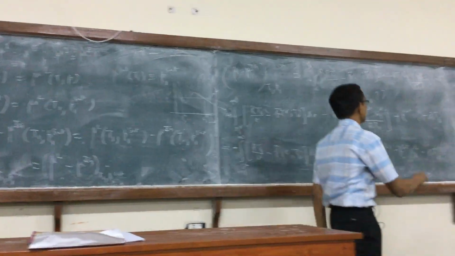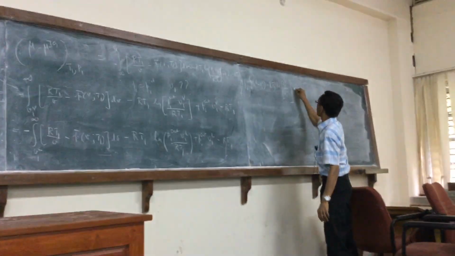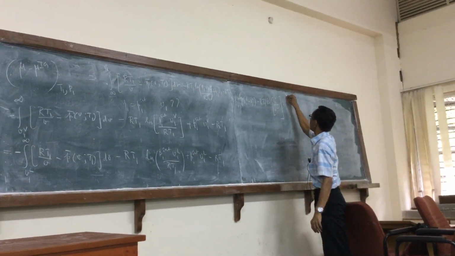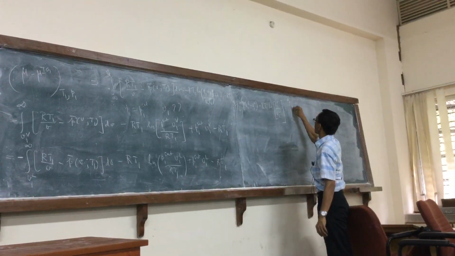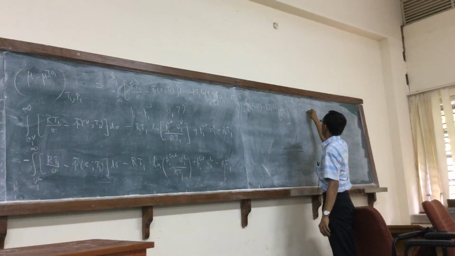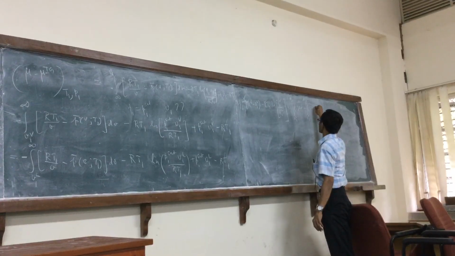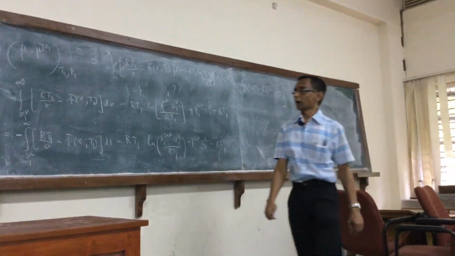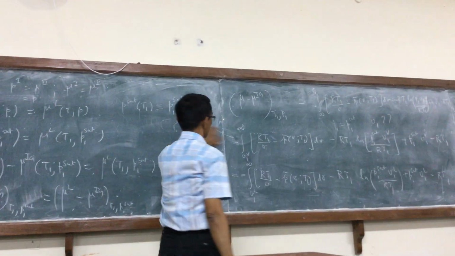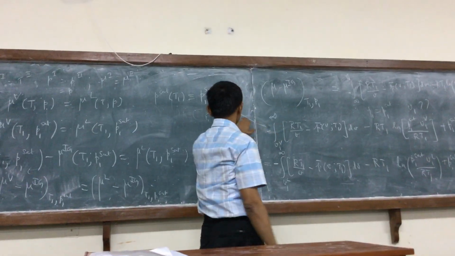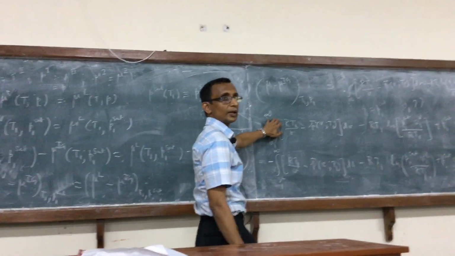So what we are actually getting is plus integral V1L to infinity of some quantity minus of the same quantity. So one is from V1L to infinity, another is from V1V to infinity.